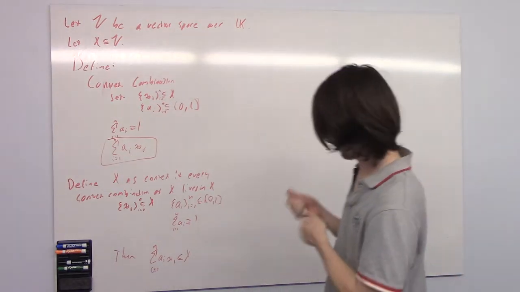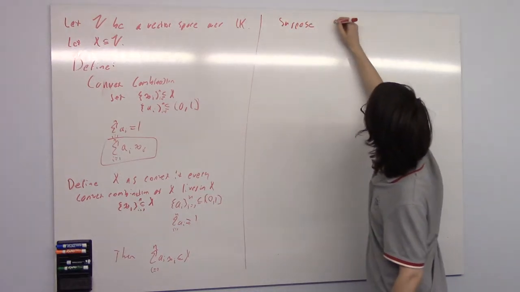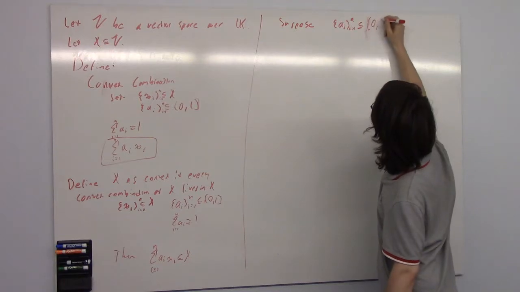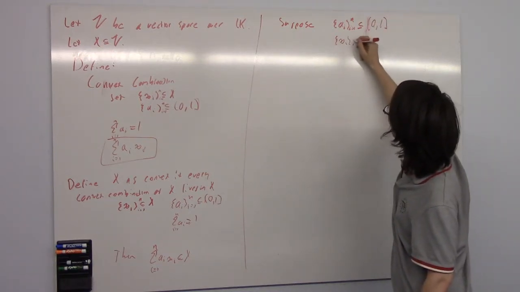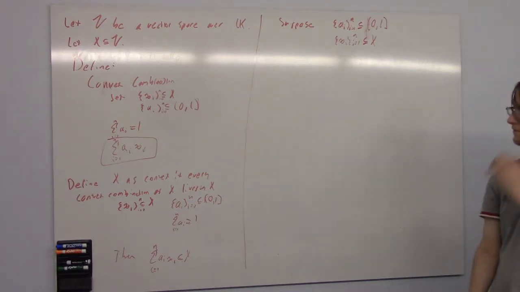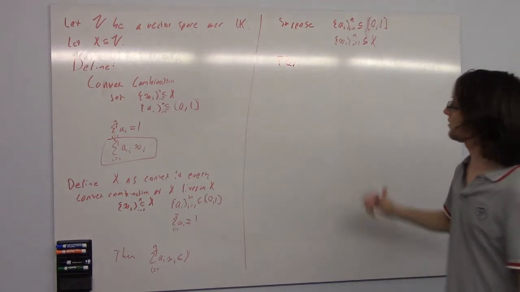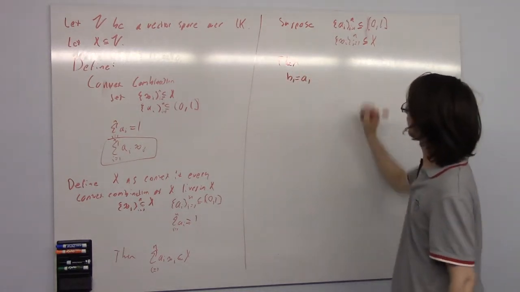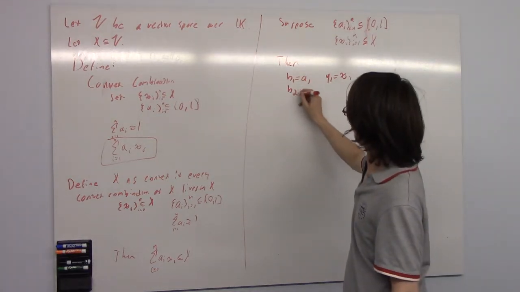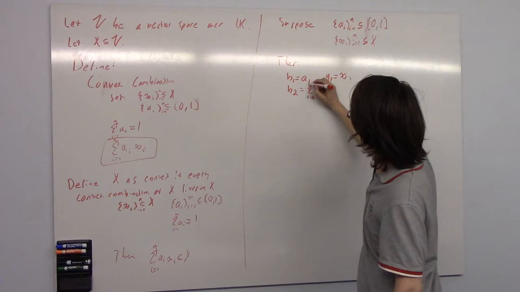But we can do better than that. Suppose we have our set a_i, i equal 1 to n, a subset of (0, 1], and we have our x_i's, i equal 1 to n, a subset of X. Then let b_1 equal a_1 and y_1 equal x_1.